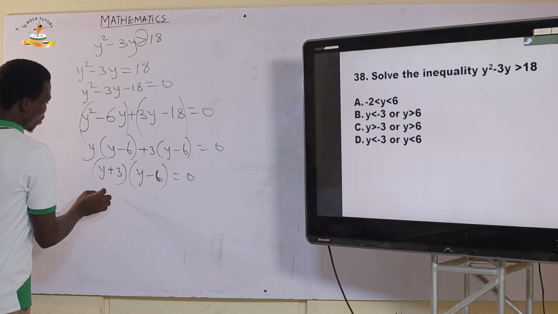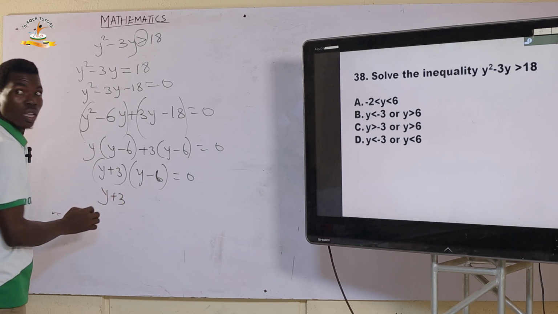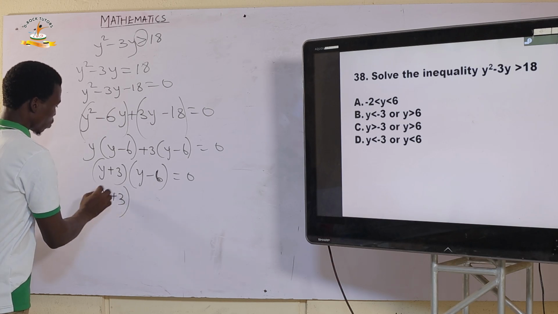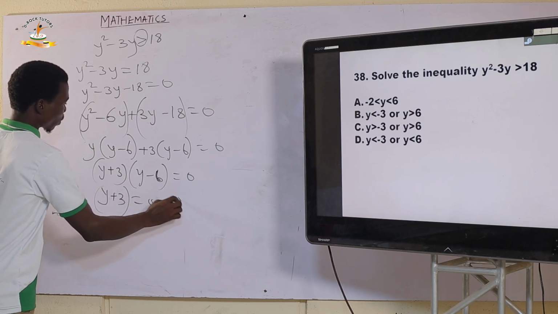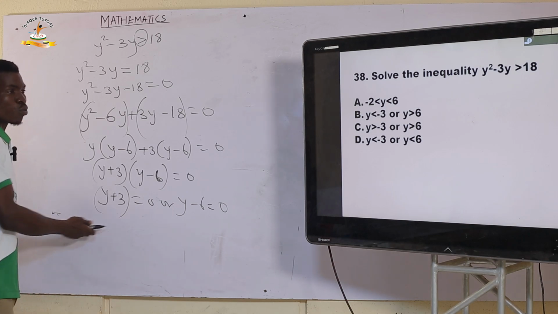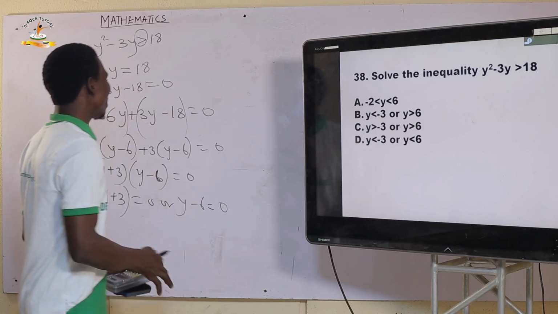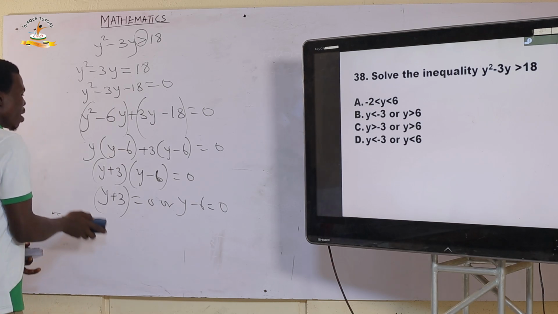Then what do you say? You say y plus 3 equals 0 or y minus 6 equals 0. This is the way your quadratic equation would have worked, but this is not going to be our result.